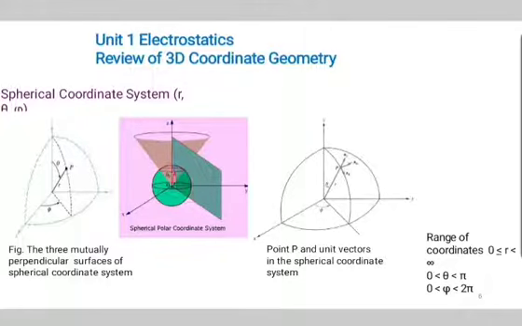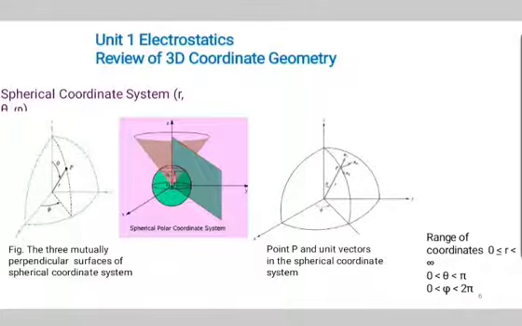Now theta is called the colatitude, the angle between the z axis and the position vector of P, and phi is measured from the x-axis.